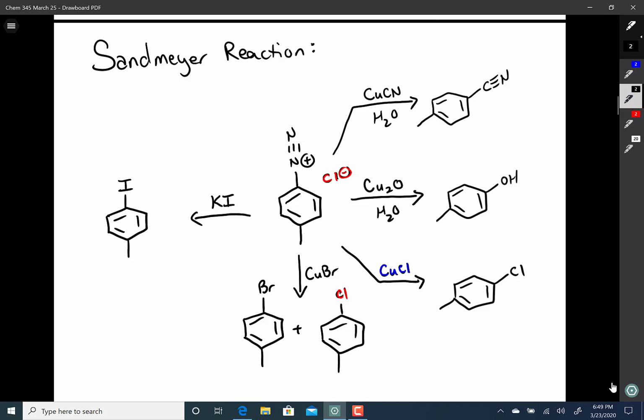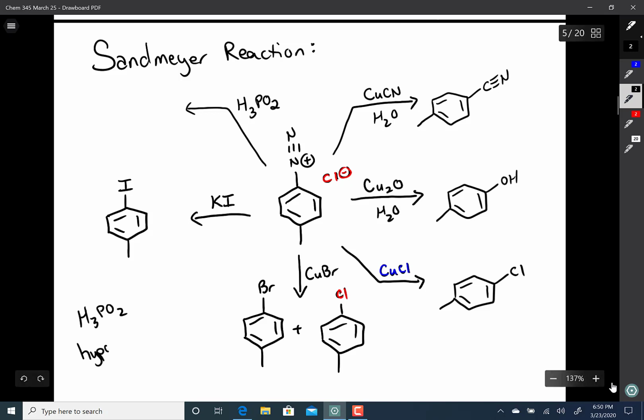And the other reaction involves using H3PO2. H3PO2, well, that's what's called hypophosphorus acid.